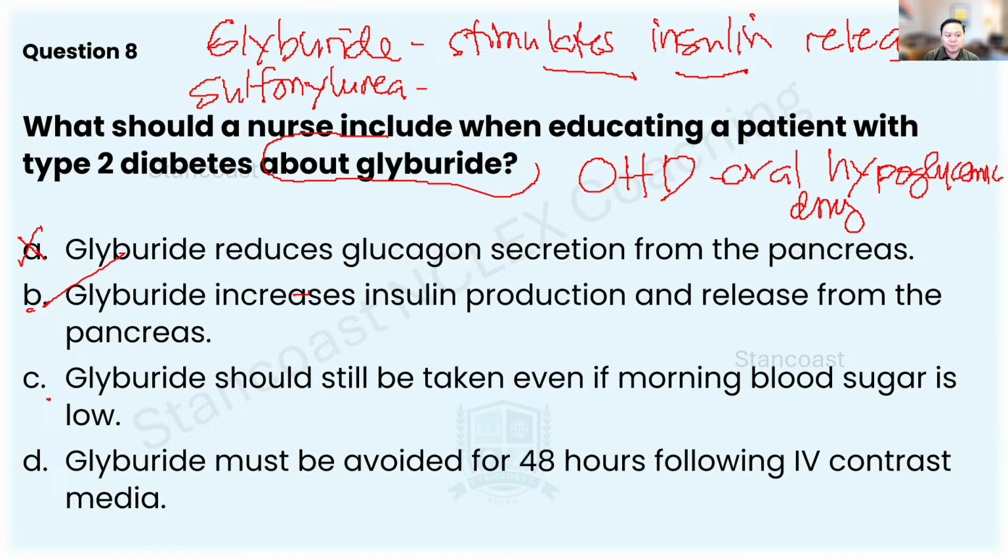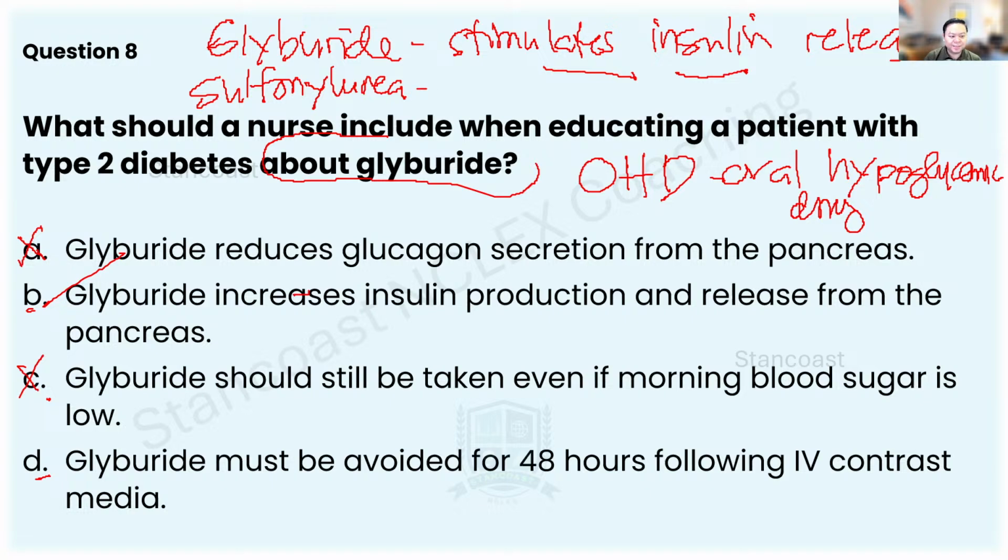They should be checking their blood sugar first. If their blood sugar is low, they should refrain from taking this medication. Okay? Or it would be wiser to make sure that they are checking with their medical provider if it is in the home setting. But more oftentimes, the medical provider will not let them take this medication if their blood sugar is low. We are not selecting this answer.